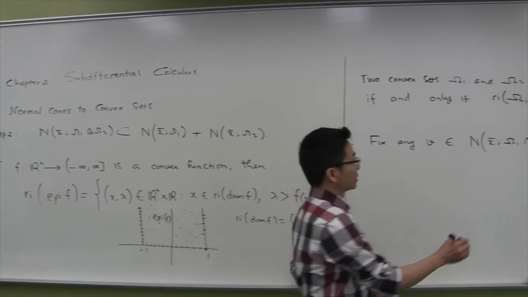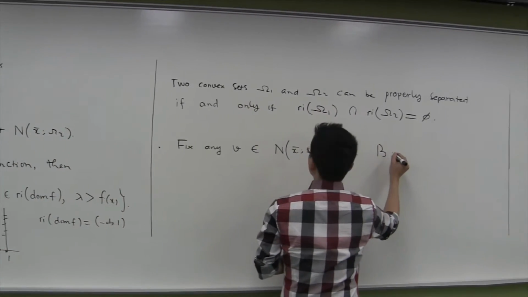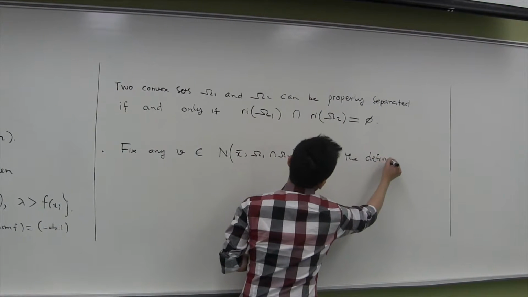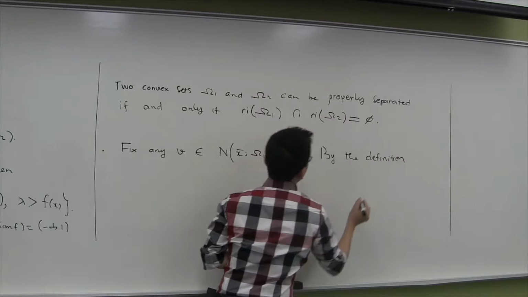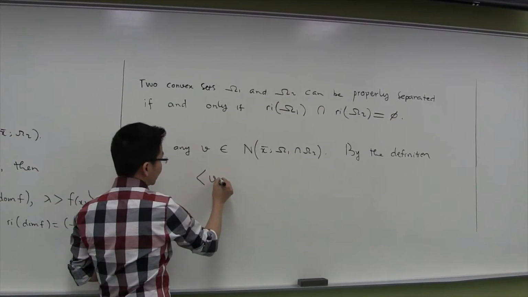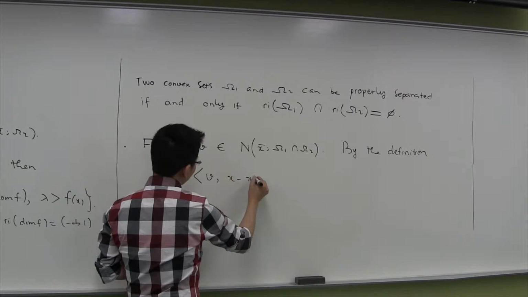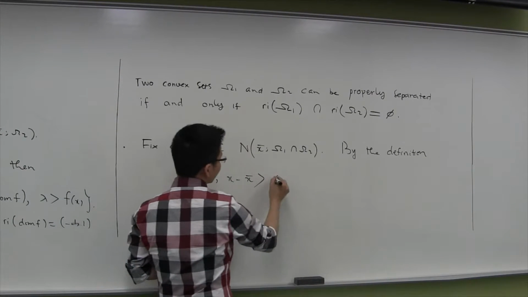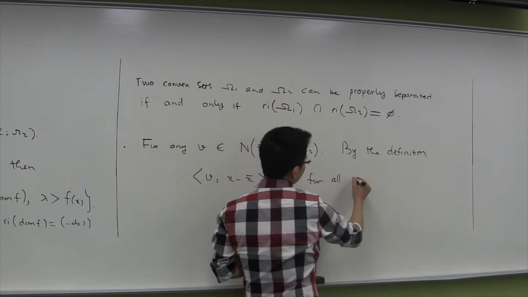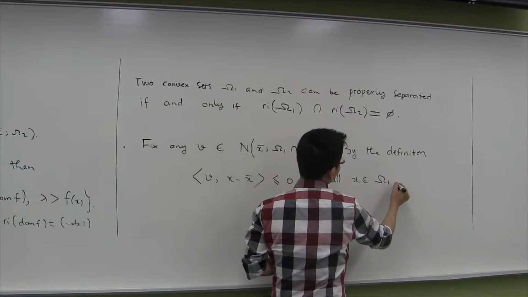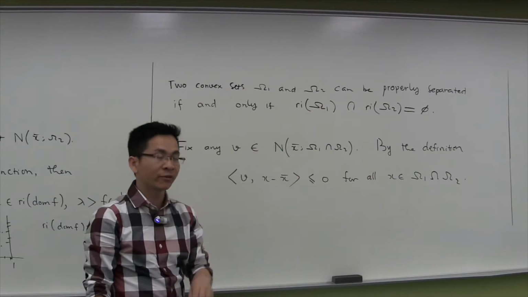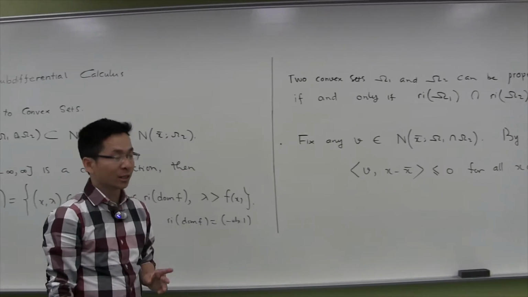By the definition, the inner product between v and x minus x bar is always less than or equal to 0 for all x in the intersection of omega 1 and omega 2. This is straightforward from the definition.